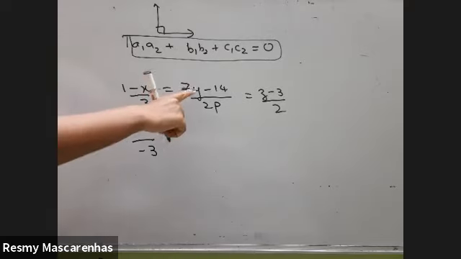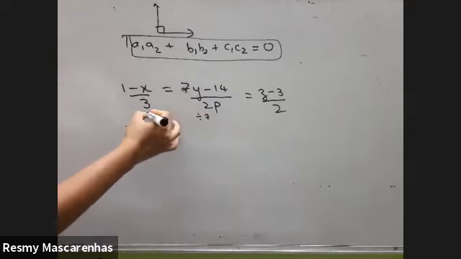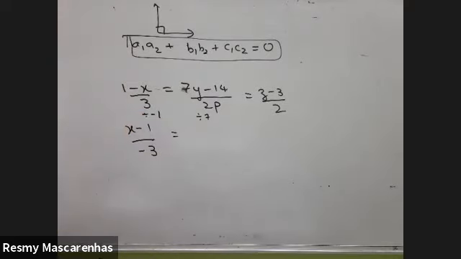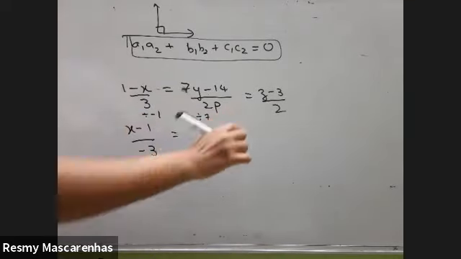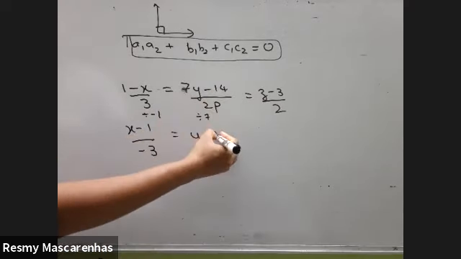This you'll have to anyway divide by 7. This time dividing by minus 1. This is okay. This is in the correct form. So y minus 14 upon 7 will become 2.